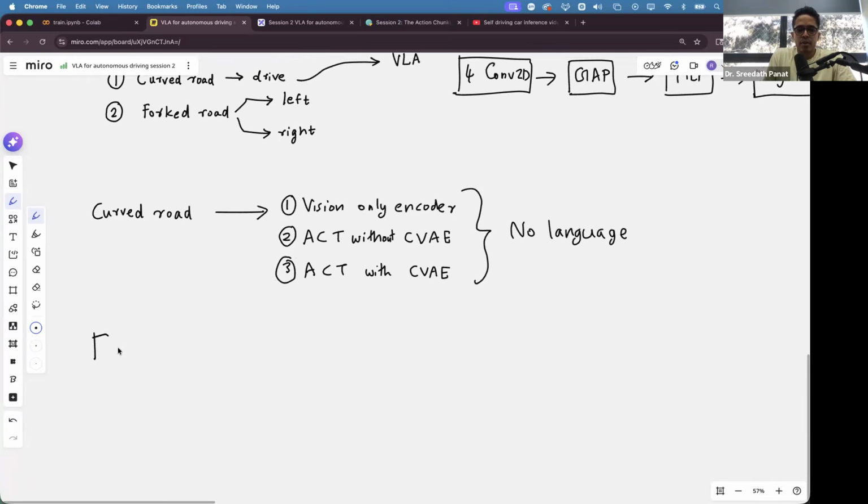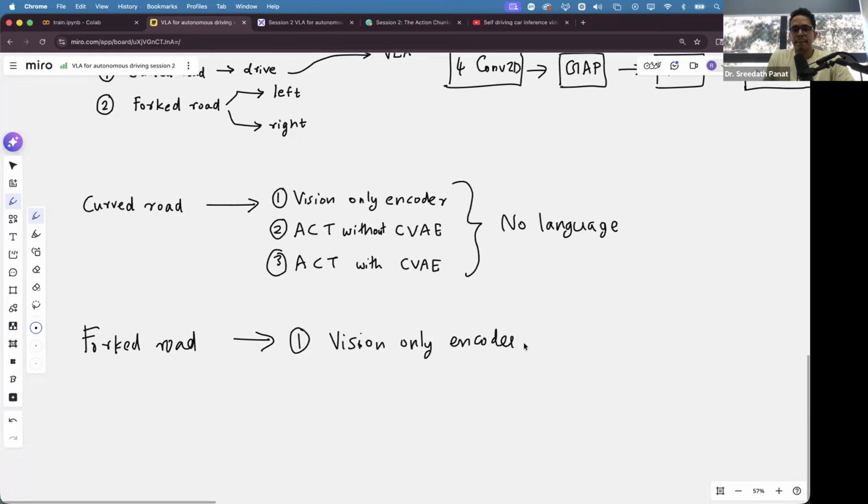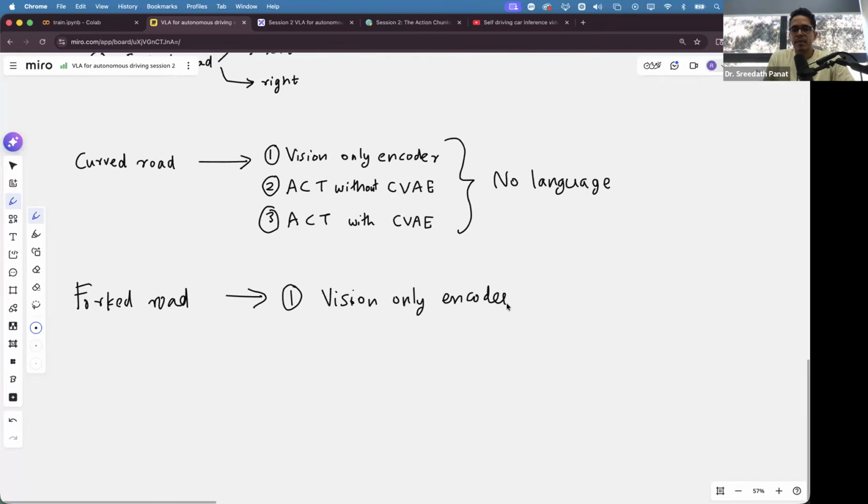In forked road, because there are 2 options, can we have a vision only encoder in this case? In forked road? Is this something which we can have?